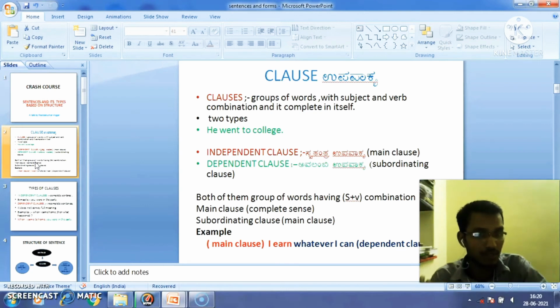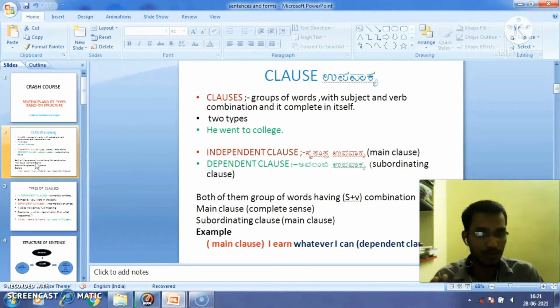For example, he went to college. He is the subject, went is the verb, to college is the object, right? So this is a clause.